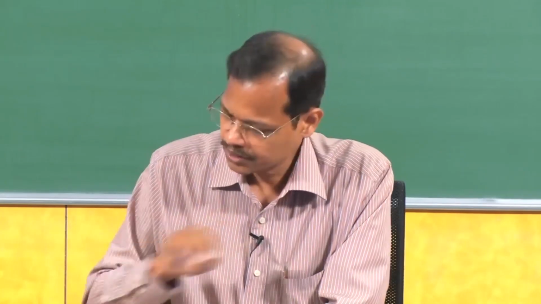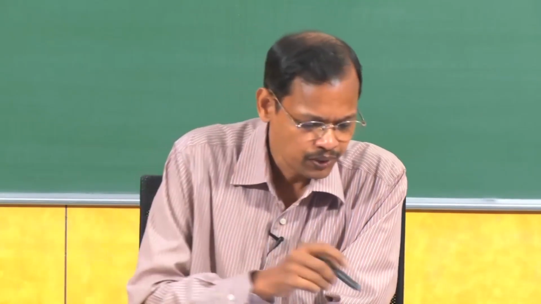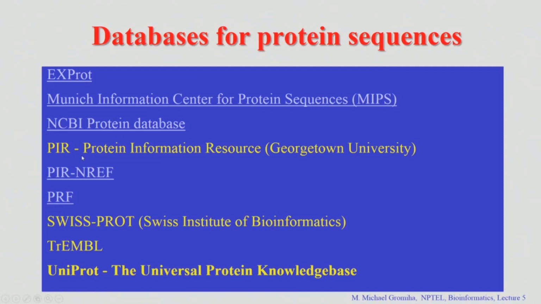Later on they converted the information available in the book into a database. This is how they got the database called the Protein Information Resource, PIR. There are various databases which contain information regarding protein sequences, like the Munich Information Center for Protein Sequences, the NCBI protein database, and PIR, developed by Margaret Dayhoff from Georgetown University.